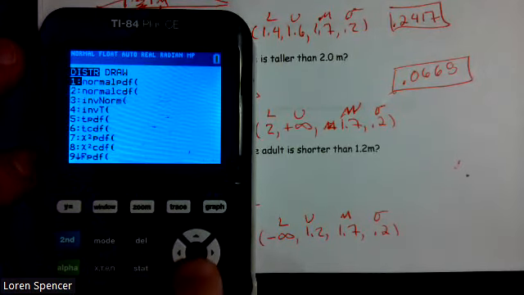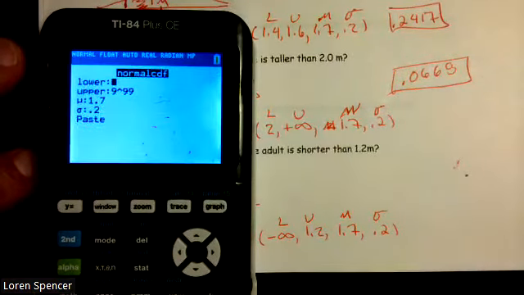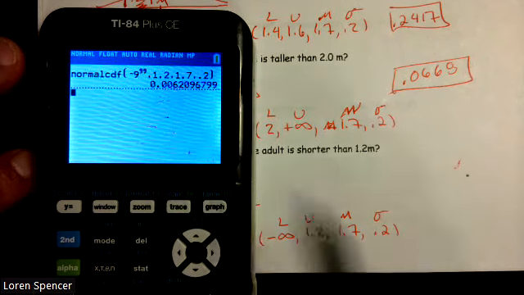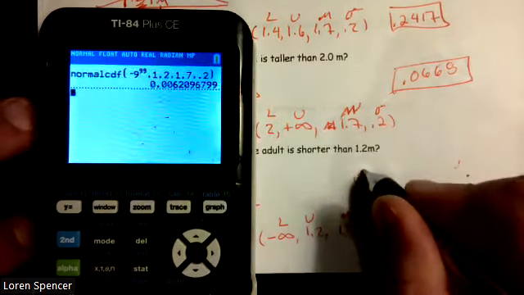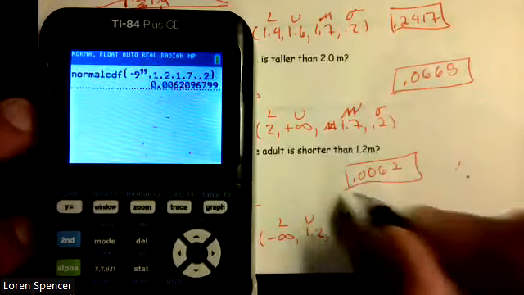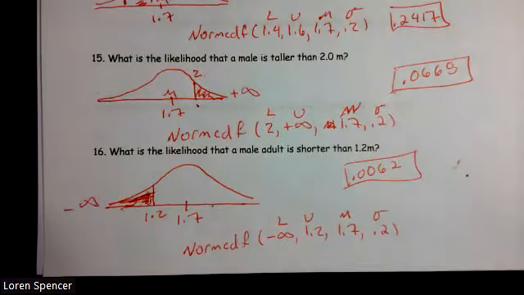So second vars, normal CDF, lower -9 raised to the 99th, my upper 1.2, mean 1.7, and we end up getting 0.0062, which is less than 1%. So that's kind of a small percentage there.